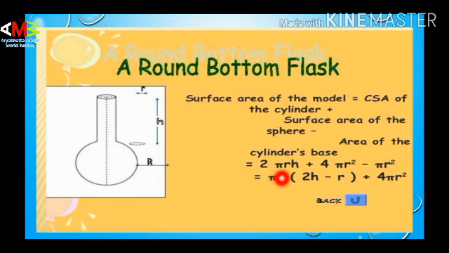So, surface area of cylinder is 2 pi r h plus surface area of sphere is 4 pi r square minus pi r square. 2 pi r h is surface area of cylinder, 4 pi r square is surface area of sphere, minus pi r square means area of the base, we have to remember. So, whatever is common is taken out, pi r is common, therefore pi r (2h minus r plus 4r). This is the formula for the round bottom flask model.